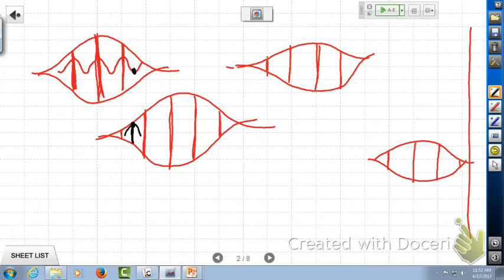Like marching, you could imagine a group of soldiers here marching in step and a group of soldiers here marching in step, and they're in phase with each other. That's coherence. If these guys are in step and these guys are out of step, then that's not coherence.